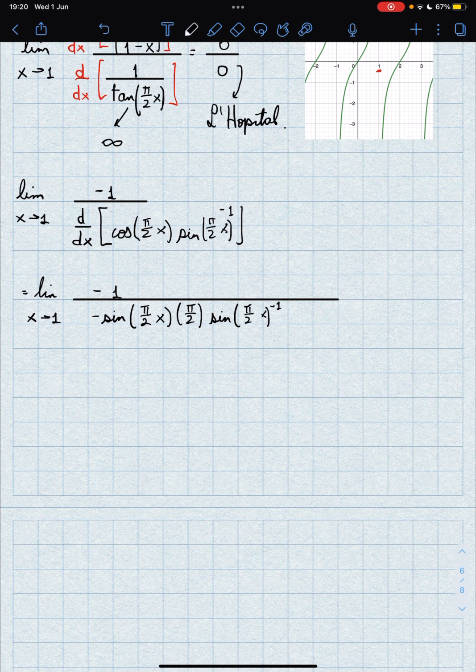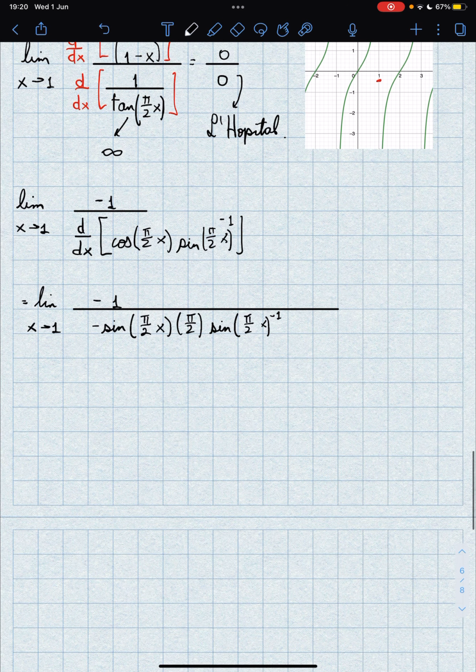Now I'm going to derive this one, so this is the minus.